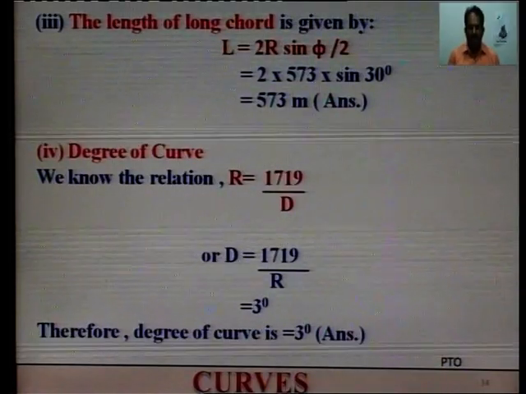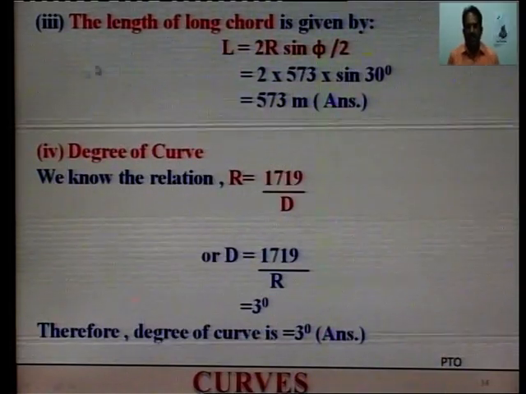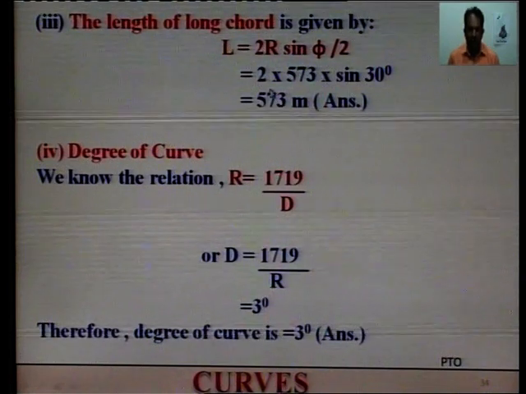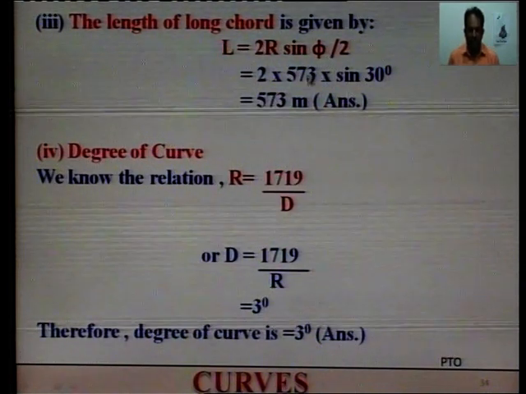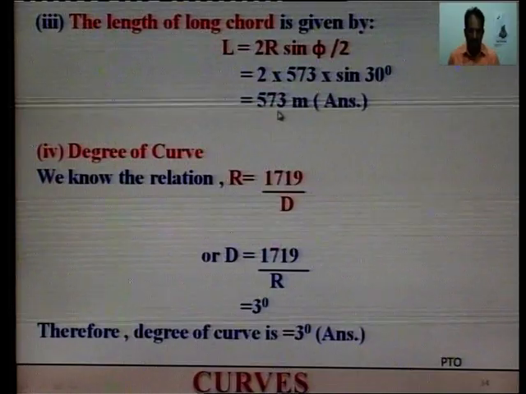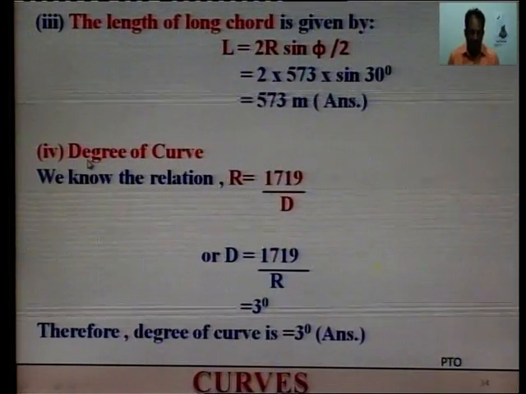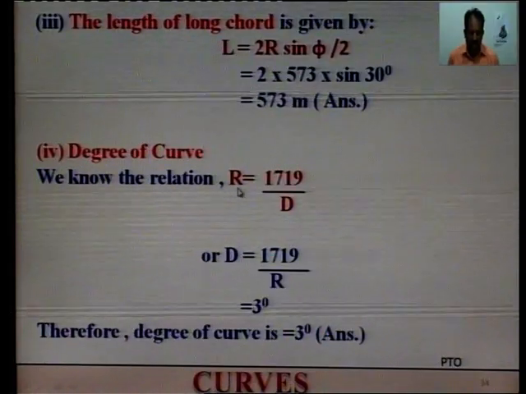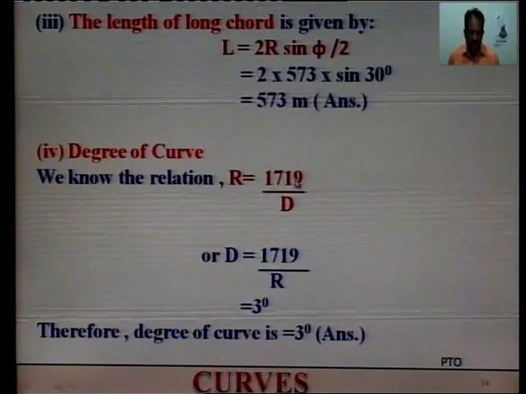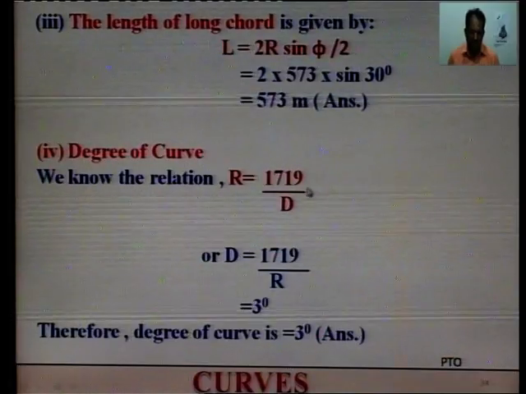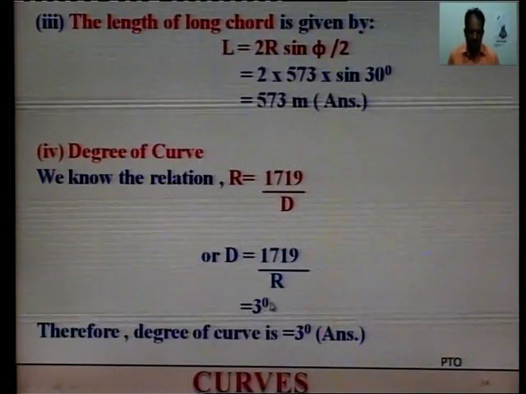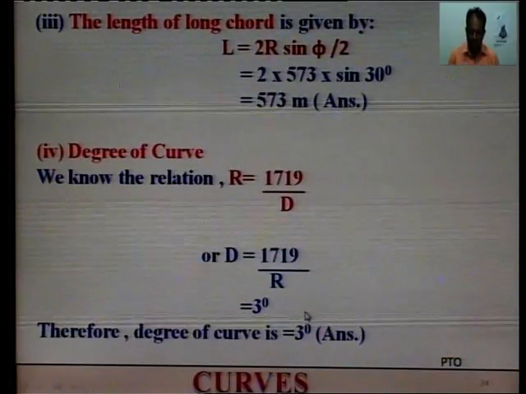The length of the long chord is given by the formula 2 R sin(phi/2). So, we know R, we know phi, and it comes out to be 573 meters. And we know the relation between the degree and the radius of the curve, R is equal to 1719 by D, which is the exact relation. So, 3 degrees comes out to be the degree of the curve.